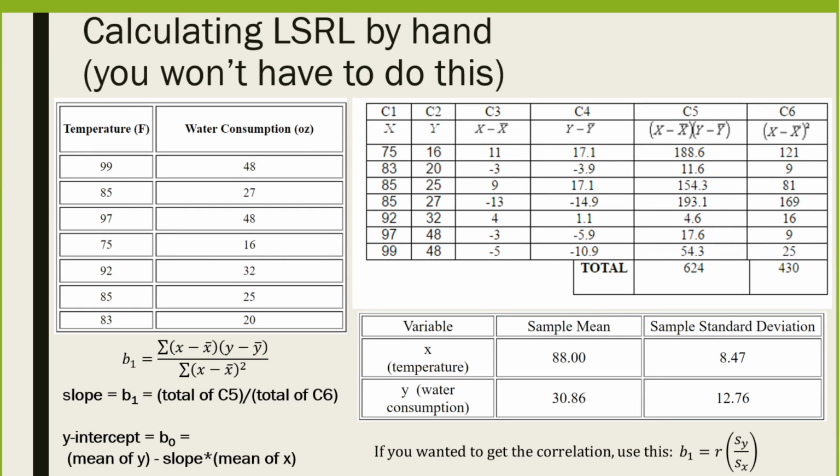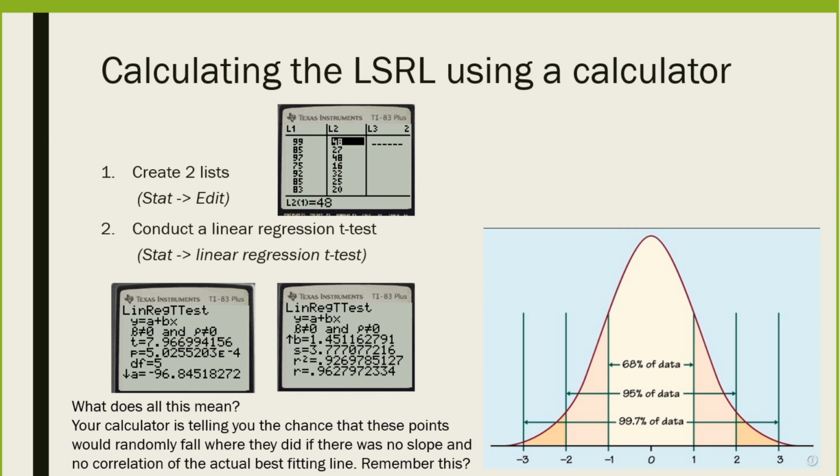Once you know what the slope and the average of your distribution is for the best possible best fitting line and the average of your x and y on your sample, then you can use that to get a correlation coefficient using this formula. So your slope is equal to your correlation coefficient times your sample standard deviation of y divided by your sample standard deviation of x. If you want to do it with a calculator, you can create two lists and then calculate your linear regression.